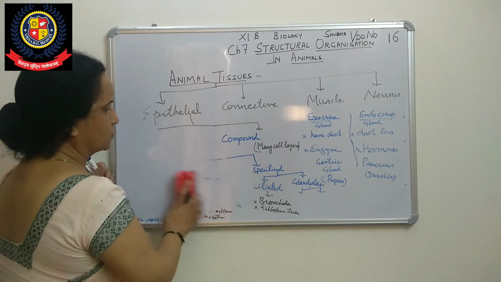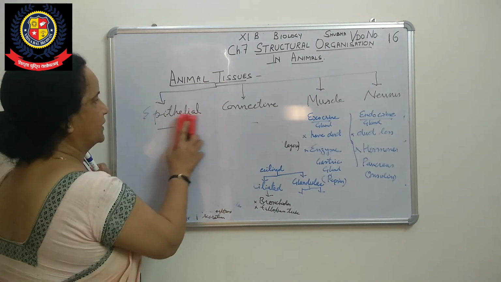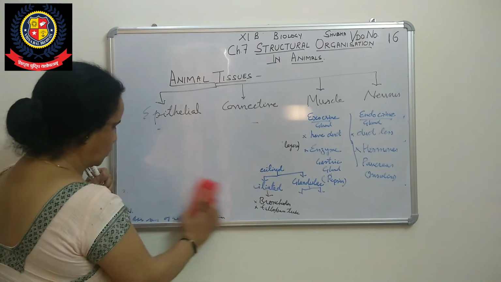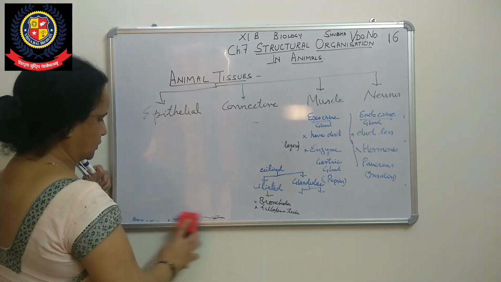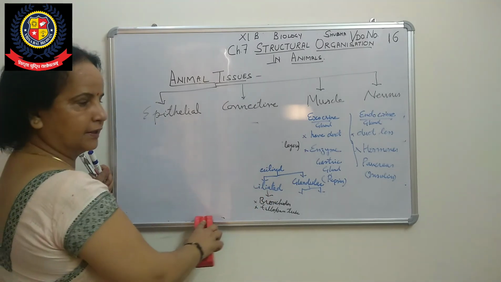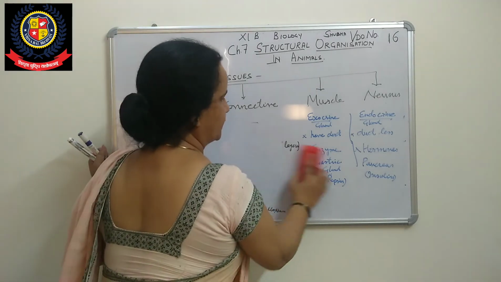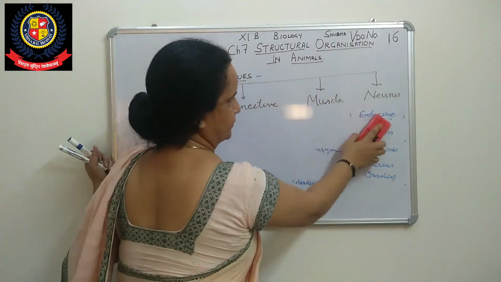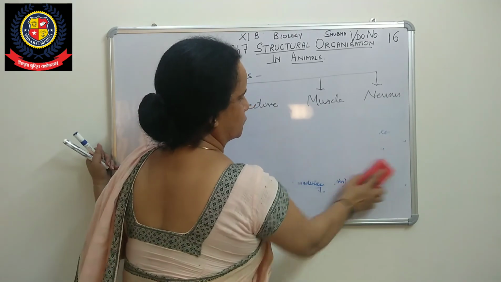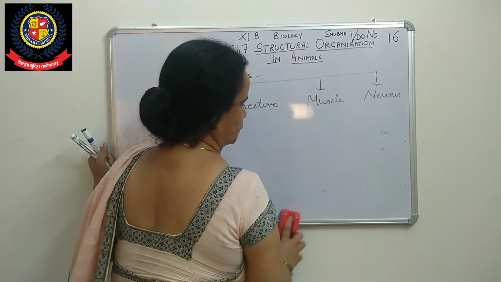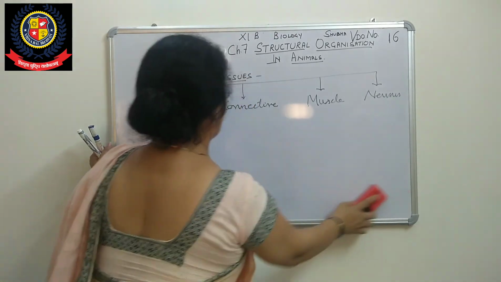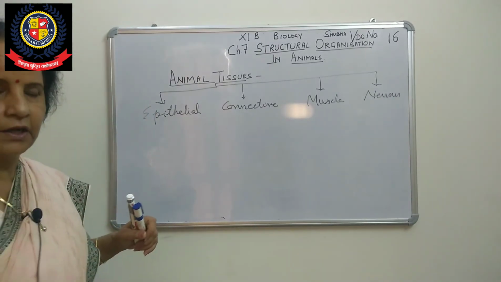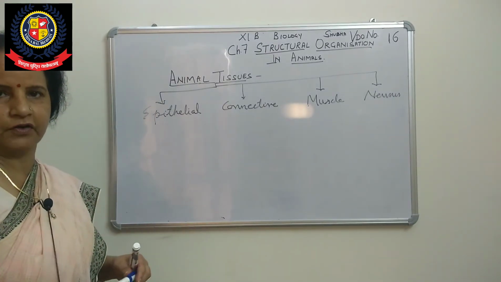So how do they hold together all these cells? A group of cells are interconnecting to each other through junctions. In all tissues, not only epithelial tissue, all tissue cells are held together by 3 types of junctions, right?